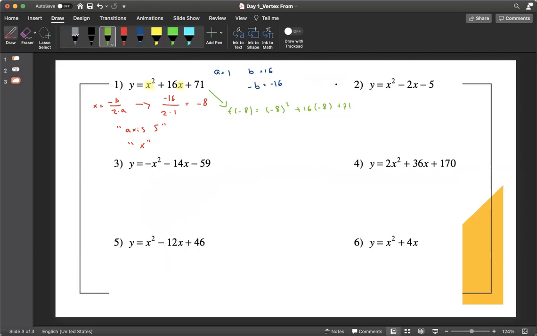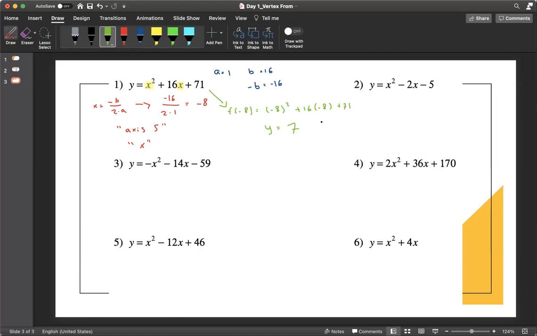71. So if we do the math for this, you can put it into your calculator. That is a negative 8 squared plus 16 times a negative 8 plus 71. And that gives us a 7. So this y is equal to 7.